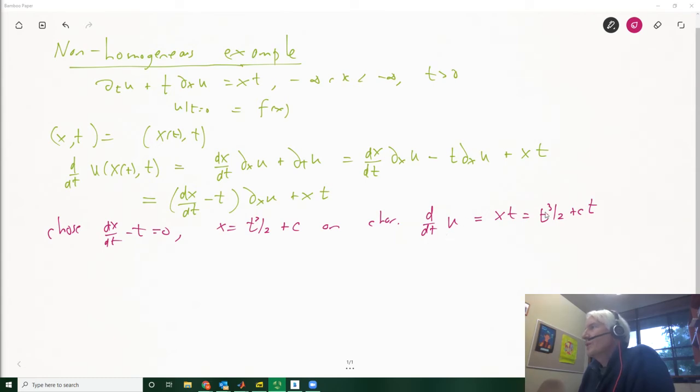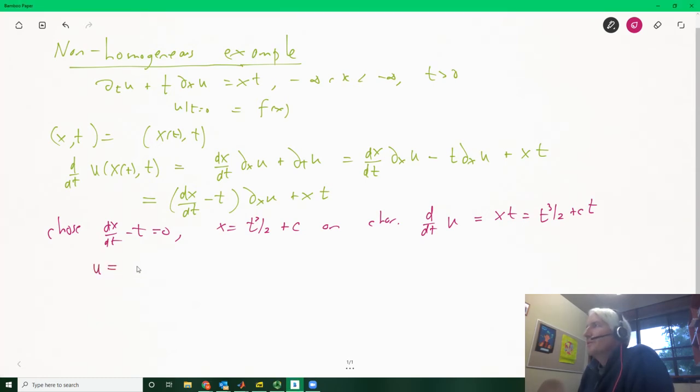The time derivative of u is t cubed over 2 plus ct. So u on the characteristic, u of x of t comma t, was equal to t to the 4th over 8 plus c t squared over 2 plus another constant.